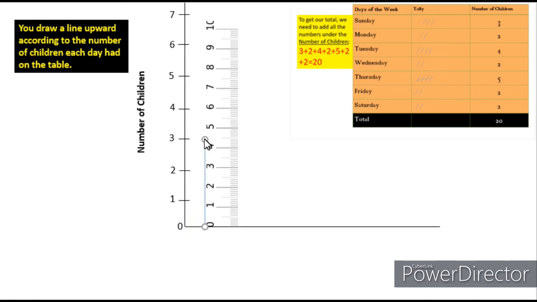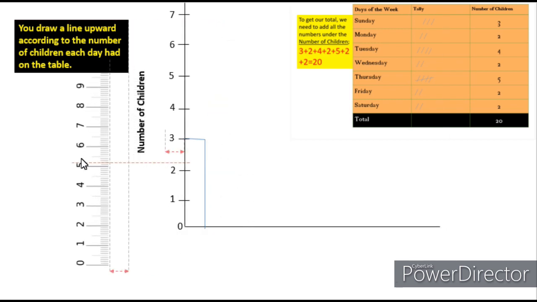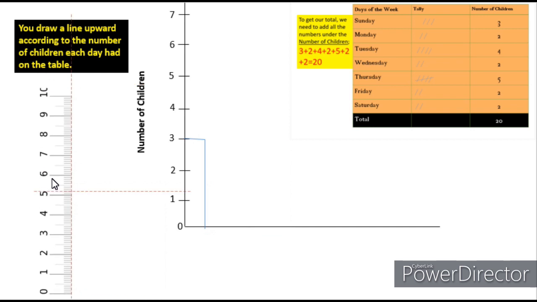When you finish, you draw another one to cross it horizontally, and it should be like this. That is what we are going to do for the rest of the days. Let me get my ruler from here because mine is already straight. So this is for Sunday.